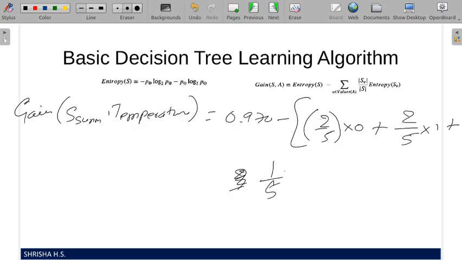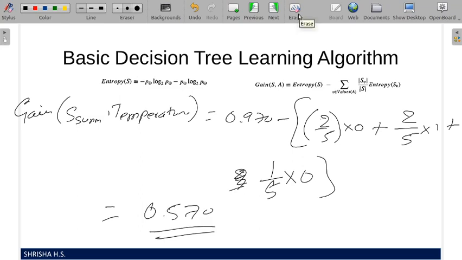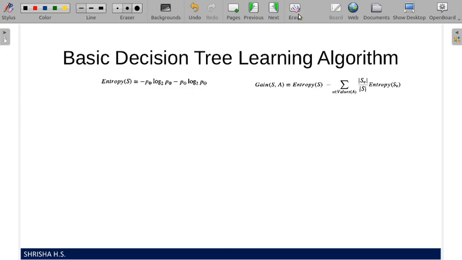Out of 5, one instance 0. So the resultant answer is 0.570. This will be the gain for when outlook is sunny, with respect to temperature.